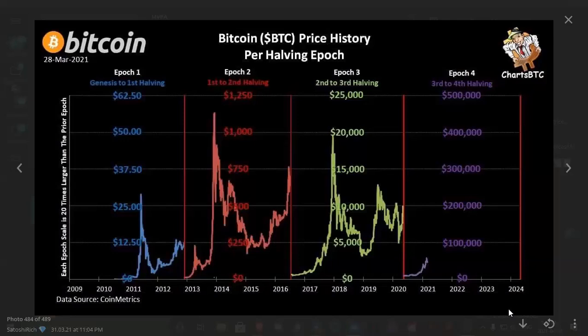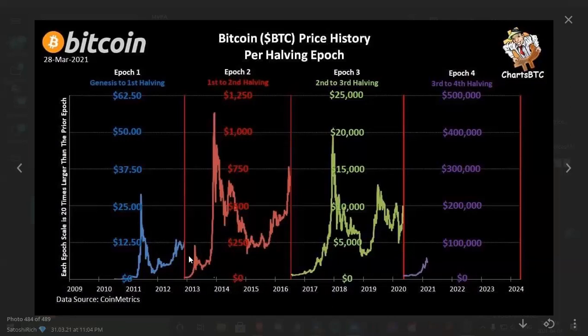So this is Bitcoin's price history, per halving. First halving, when price was at $0, it skyrocketed past $25, like $27, $28, and then dropped back down before 2012, and then it was stagnant at $12.50.